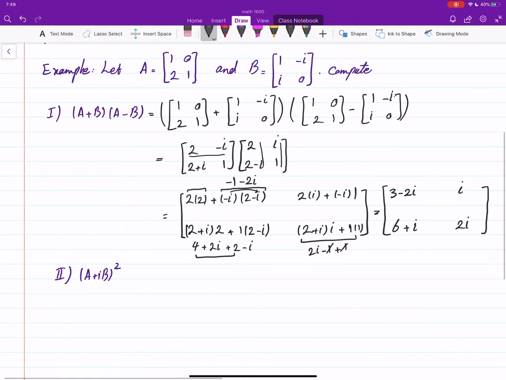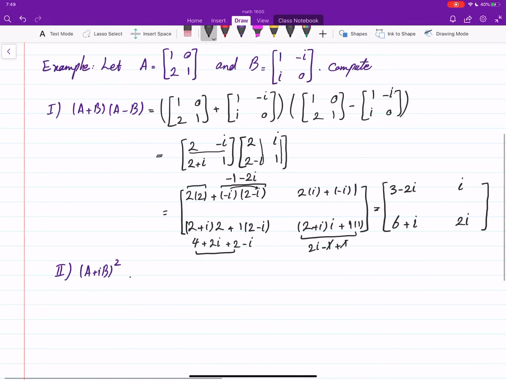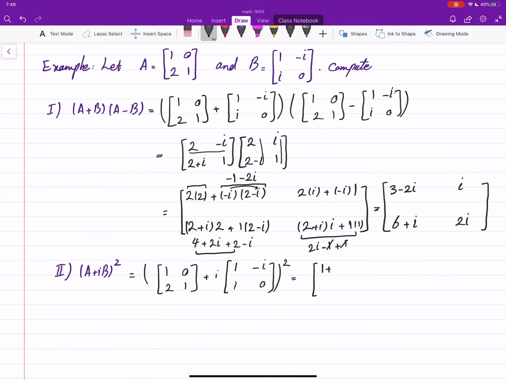So you have to write at the end each entry as one complex number in the form a plus bi. Okay, how about this one? We have A, which is 1, 0, 2, 1 plus I. The scalars now can be complex numbers. 1 minus I, 0, and then the square of that. This gives us 1 minus I times 1, which is 1 plus I times 1.